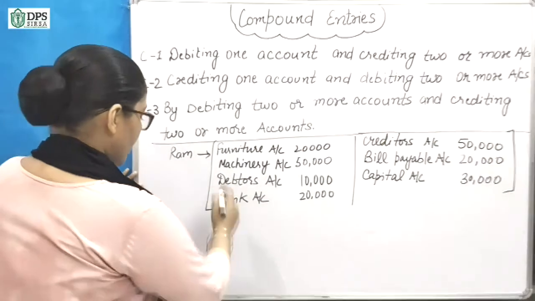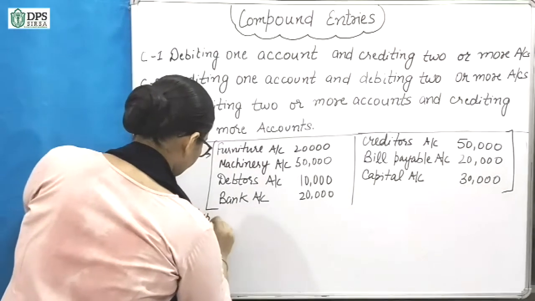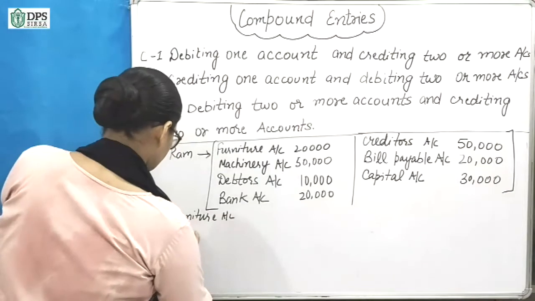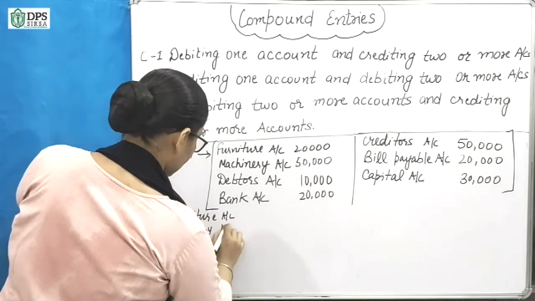So all the assets will be debited. Furniture account debit, machinery account debit, and so on.